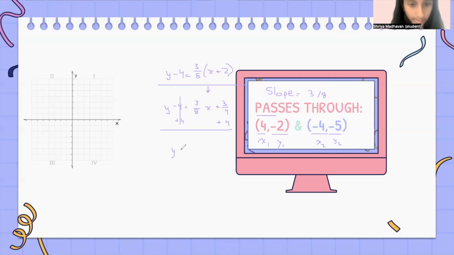And we have y is equal to 3/8x plus, sorry, 3/4 plus 4, which is equal to 19 divided by 4. Plus 19 divided by 4.